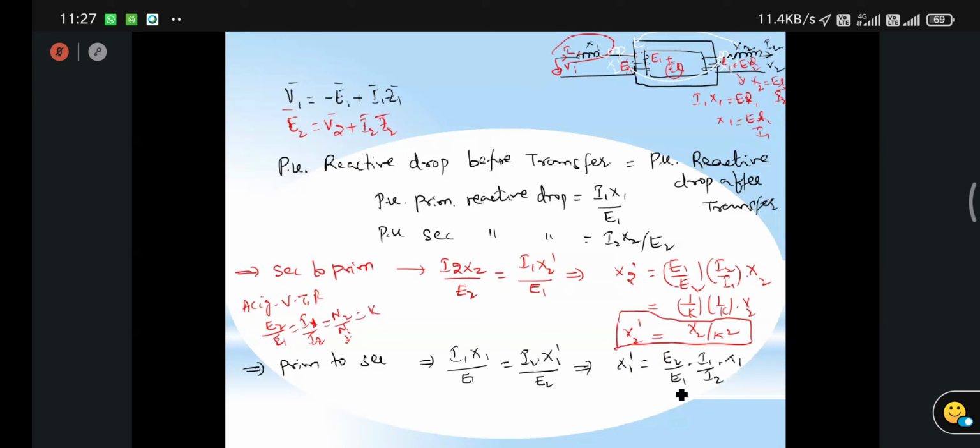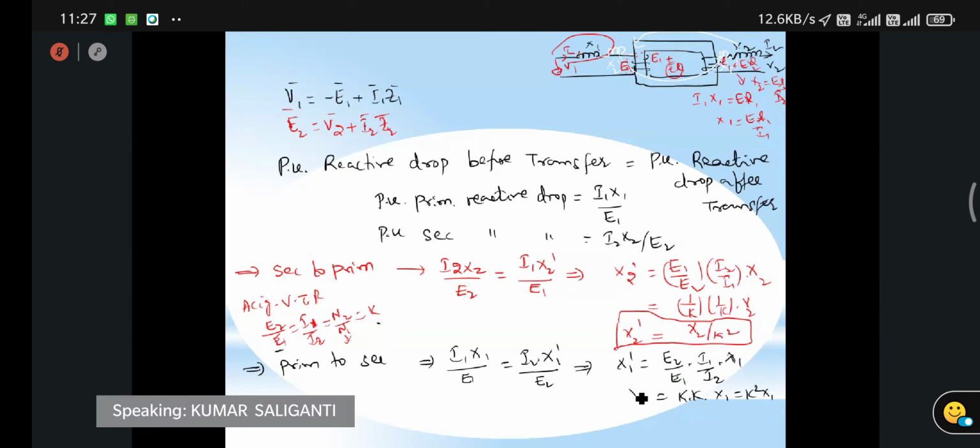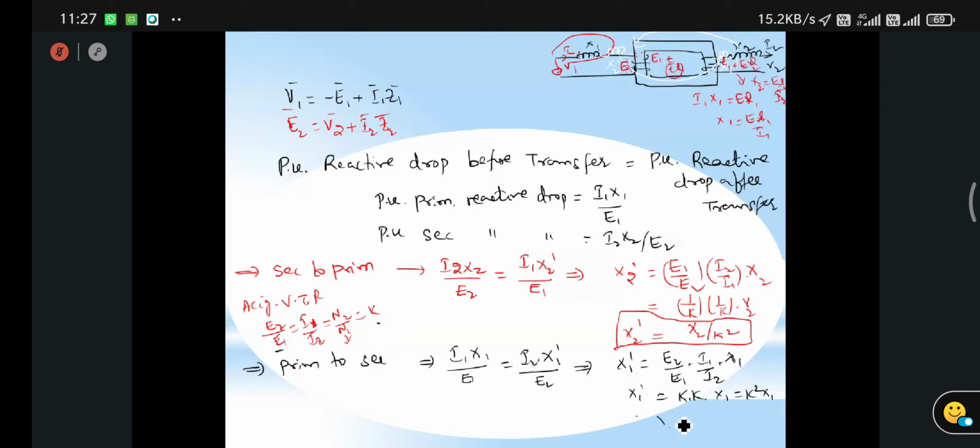E2 by E1 equals K and I1 by I2 equals K, so K into K into X1. Therefore X1 dash equals K square into X1.